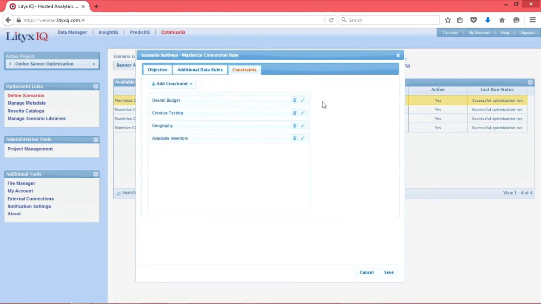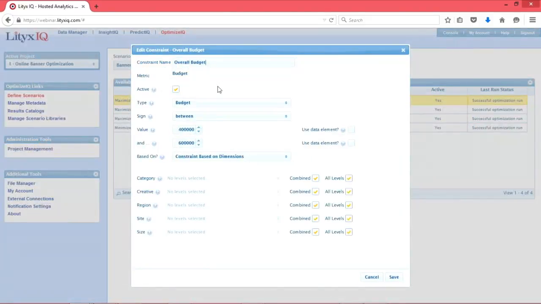And the constraints that are in play for this scenario are in line with those 4 that I mentioned in the PowerPoint setup. Okay, so we have an overall budget constraint, for example, and just so you kind of see the background and the numbers behind this constraint, when we open it up, we can notice that our budget restriction here is we want to ensure that our budget spent as we solve this problem is between $400,000 and $600,000.